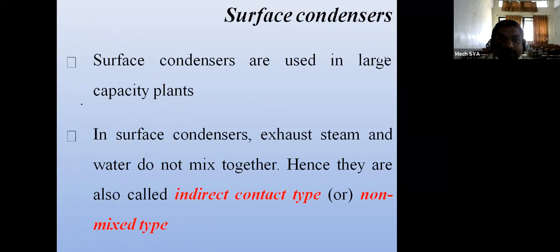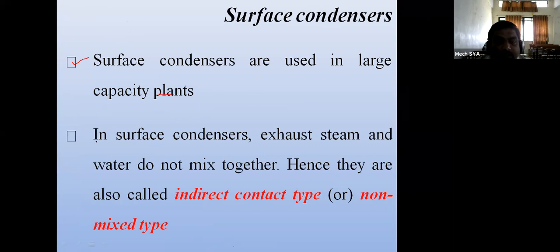Then surface condenser highlighting points. Surface condensers are used in high capacity plants, because vacuum efficiency is much more. And here the condensate we can use directly in the boiler because it doesn't mix with cooling water.